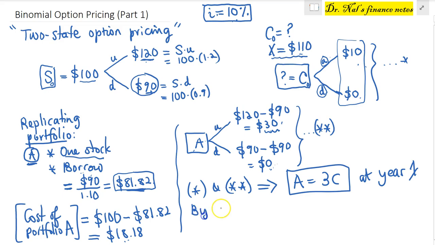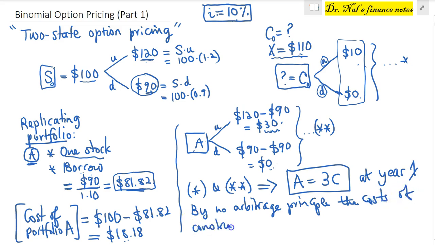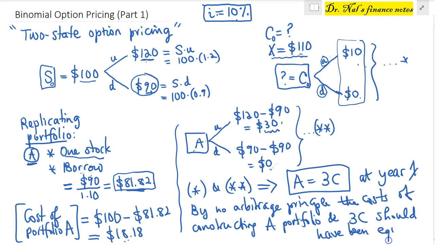So by a no arbitrage principle, the costs of constructing the A portfolio and the 3C, meaning purchasing 3 call options, should have been equal. And that's just a consequence of the no arbitrage principle.